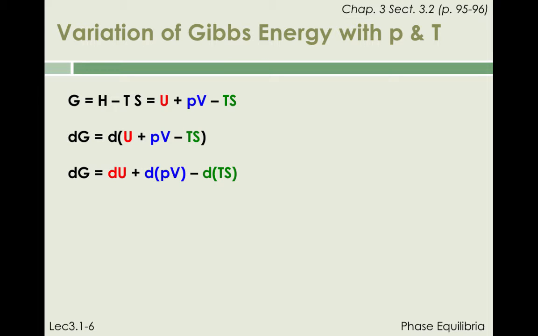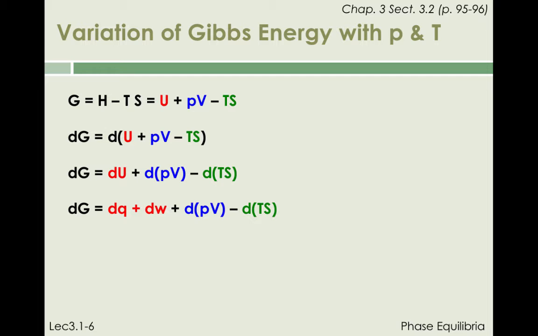Using the first law of thermodynamics, we replace dU by dq plus dw and obtain for the change in Gibbs energy dG as dq plus dw plus d of PV minus d of TS. Since U is a state function, the change in U is independent of the path taken, so we can choose a reversible path to calculate dU.